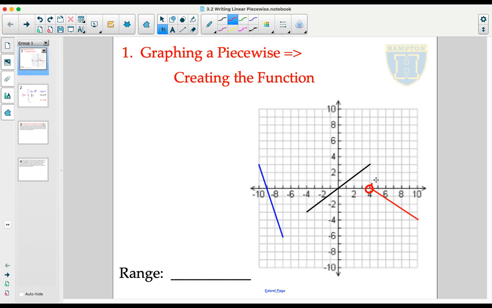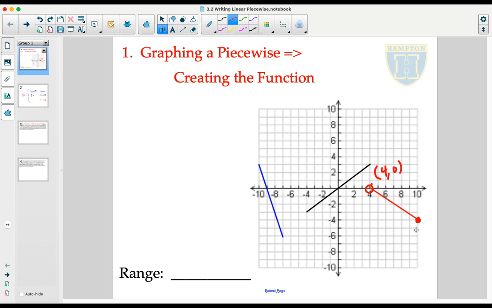We call that the bound of the end of the line, or the bound of the line. Because my line is headed there, I could still treat that as one of the points, because I know that point would be there if the line was to continue. So I can start with that point as my first point, (4, 0), and then I'm going to need to find another one somewhere else.